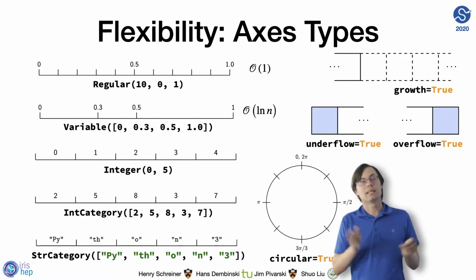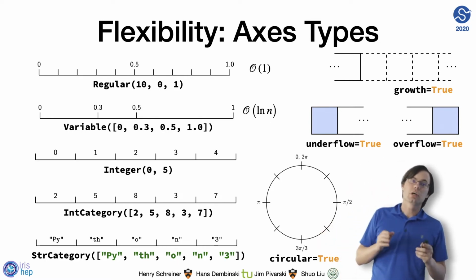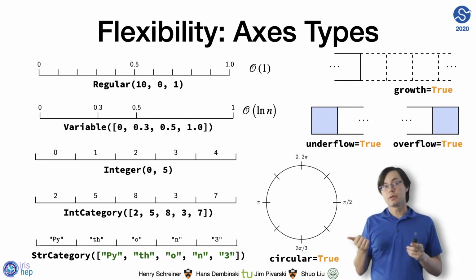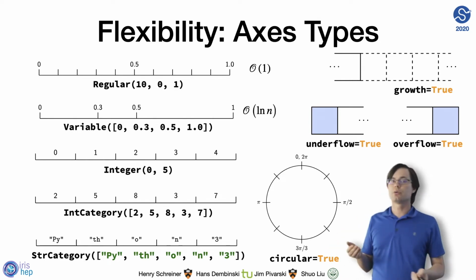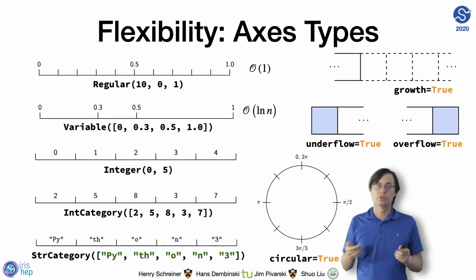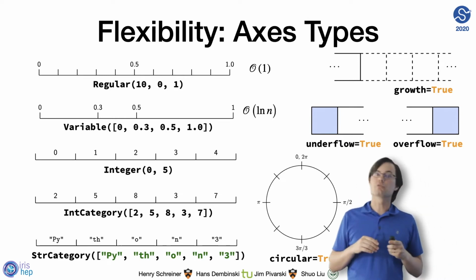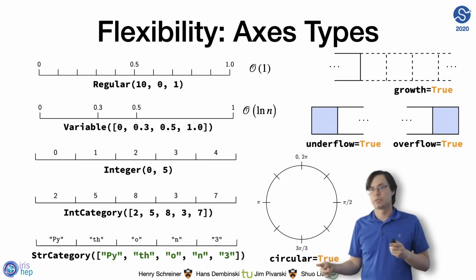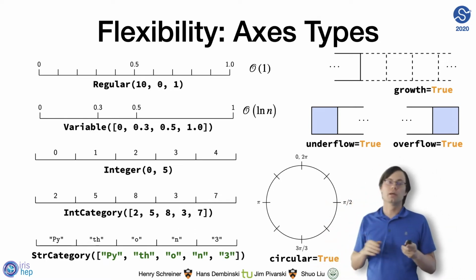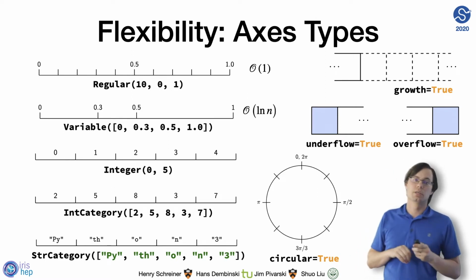Categories can be any collection of integers, any collection of strings. You can even select growth equals true, and these axes will grow automatically if they see a value outside. Or you can use the flow bins, and you can turn those on or off. But these have either flow bins or growth. And there's also even a circular axis type, which wraps around. And it's just a very natural way to do circular histograms.